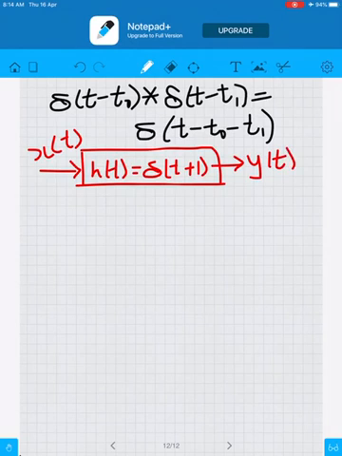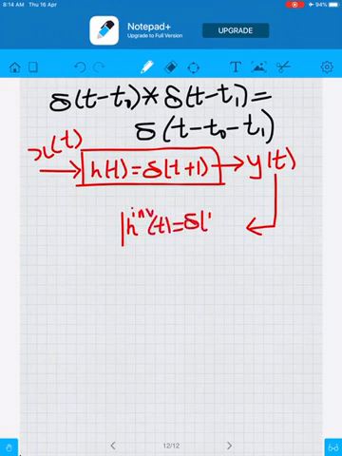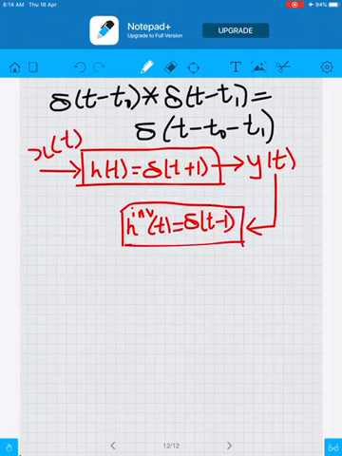Now if I give the output of this to a system whose impulse response, say h inverse of t, is equal to delta of t minus 1, then I'll get back my signal x of t, and hence the system is invertible.